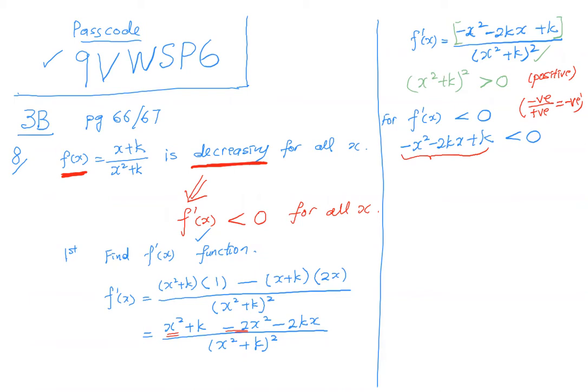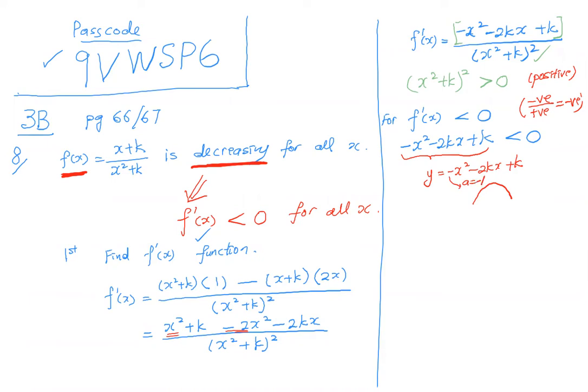So I let this be my y. So this quadratic function, what is the shape of the graph? Smiling or crying? Crying. Because a equals -1, right?